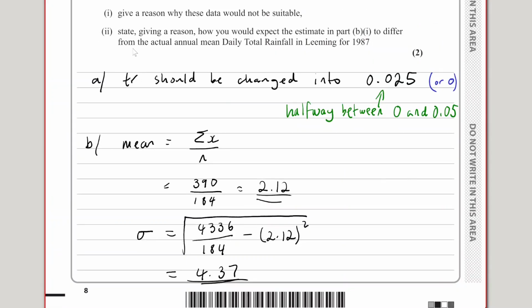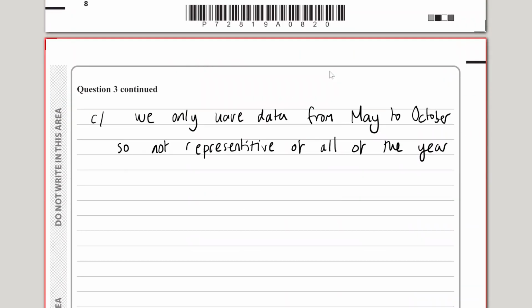And the second part: state a reason how you would expect the estimate in part B(i) to differ from the actual annual rainfall in Leeming in 1987. So would we expect the actual rainfall to be higher? This is the summer that we've got data for. We don't have data for the winter.